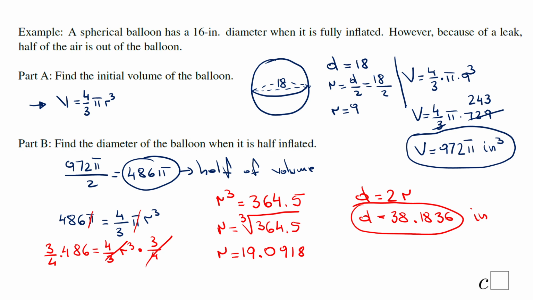We have 486, multiply by 3 and divide by 4. Yeah, that is correct, and we need to take the cubic root. Oh yeah, that is the problem. I missed it right here.